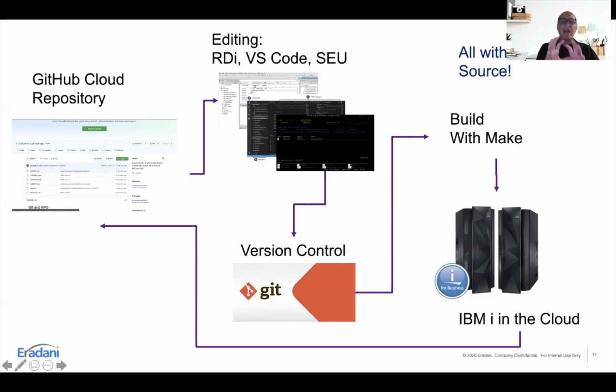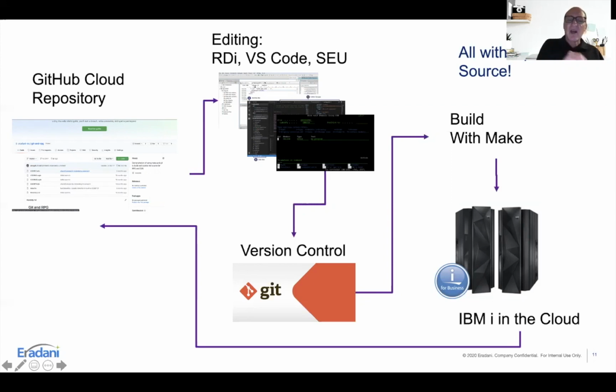So that's doing DevOps using cloud IBM is. And as he pointed out, one of the very cool things about that is you can spin up an IBM i, put your changes there and test your changes in complete isolation from anybody else's changes. So you don't have to worry about other people's work interfering with your work as you're testing. And when you're done, you can get rid of that IBM i.